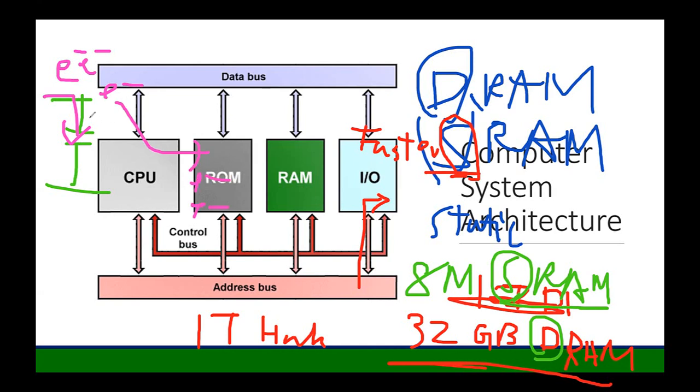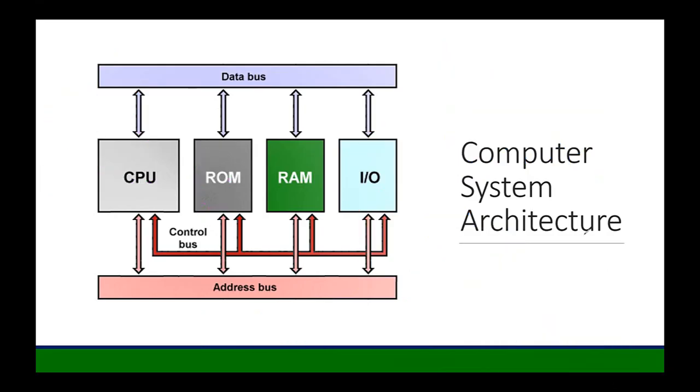So after a certain time, your voltage may drop from 5 volt to 2 volt, then you go from 1 to 0. That's not okay. So every certain clock cycle, you need to refresh your memory to boost it back up to 5 volt. That kind of memory is called DRAM. So DRAM is a RAM that you need to refresh.